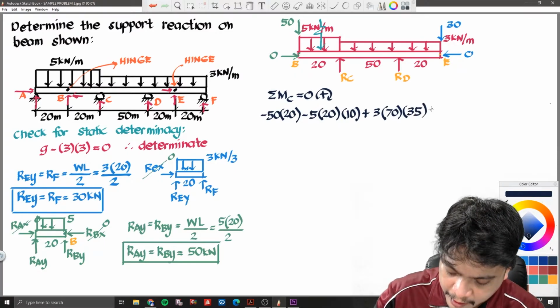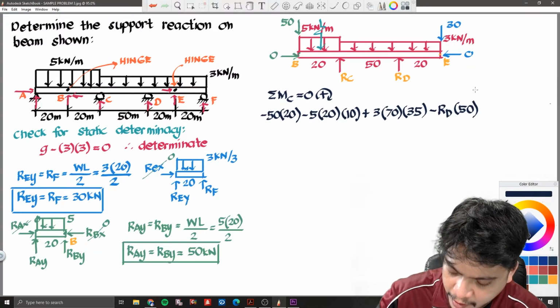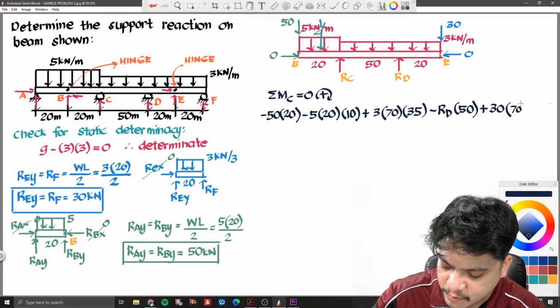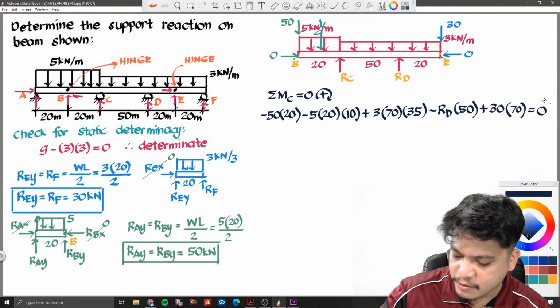Okay? And then, minus natin yung ating reaction at D. And then, its moment arm is 50. Okay, lastly, so we will having plus 30. And then, multiply natin by 70 as the moment arm para dito. Okay, so that would be equated to 0.